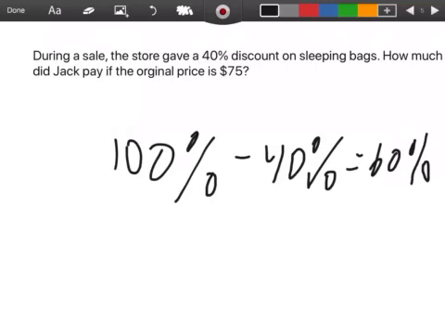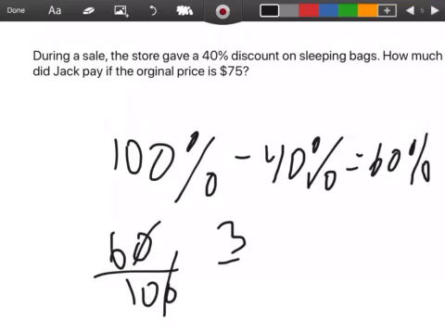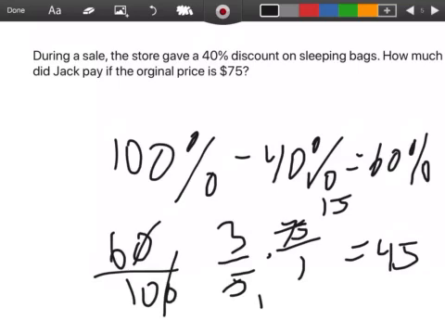Since 40% was not the discounted price, but the amount the price was reduced by, 60% is the amount of money it cost at the end. So I'll show you. We just need to do 60 over 100, 3 over 5 times 75 over 1 equals 45. You directly get your answer.